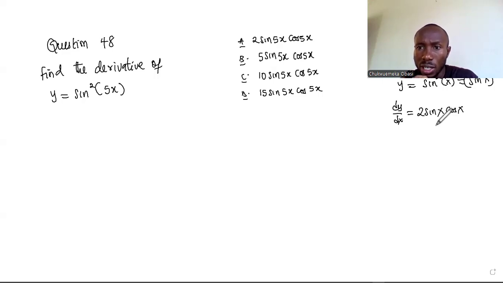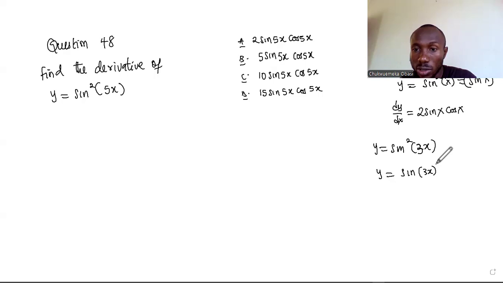But let us make it a little bit more complex. Now I have y equal to sine squared 3x. Remember, this is the same as writing it as sine 3x all squared. If you remember how we do differentiation on chain rule, that is exactly what we are doing here.